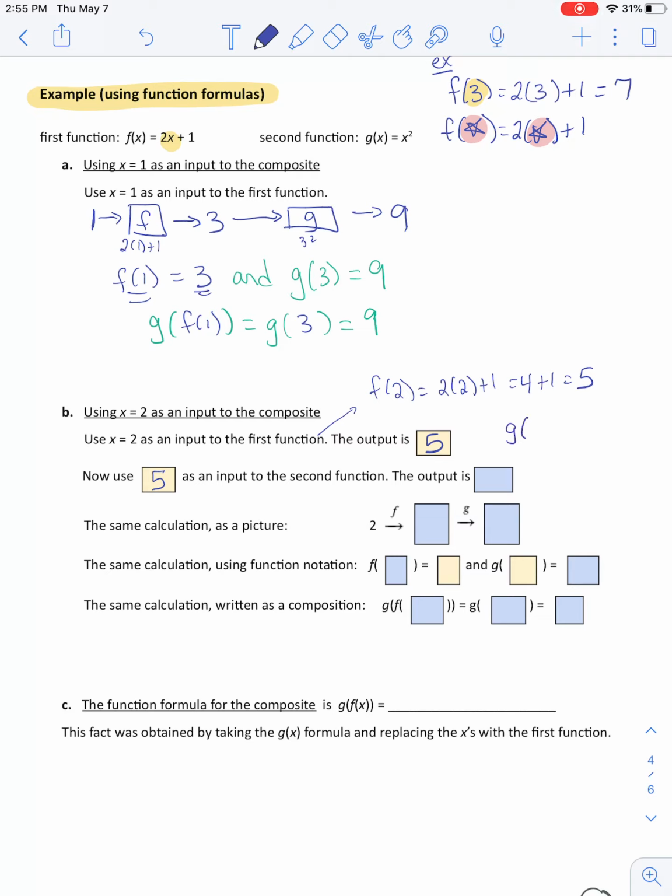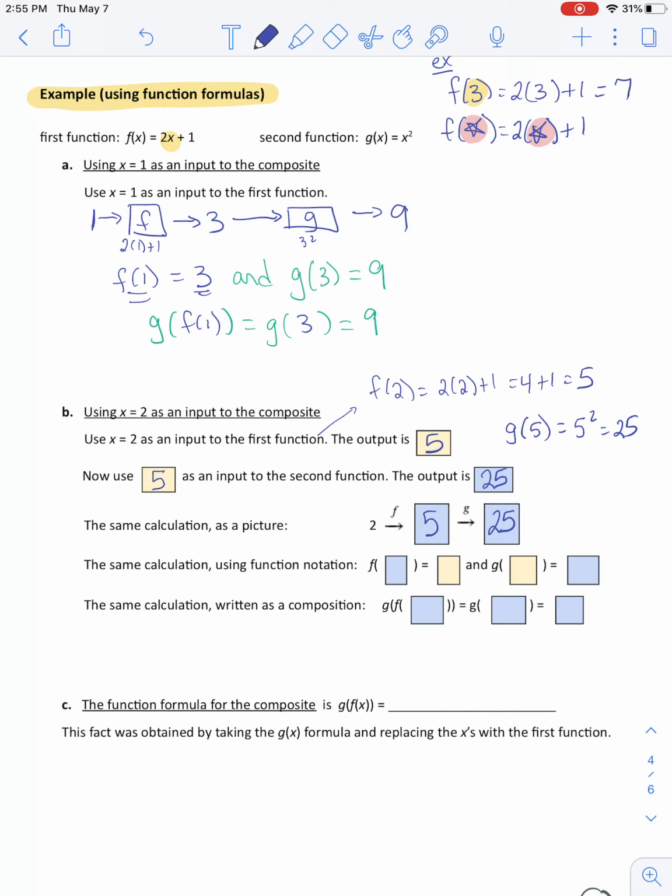My next function is g, and now I'm using 5 as the input for that. My g function is x squared, so this is going to be 5 squared. So my output is 25. When I put 2 into f, I got 5, and 5 into g gives me 25.